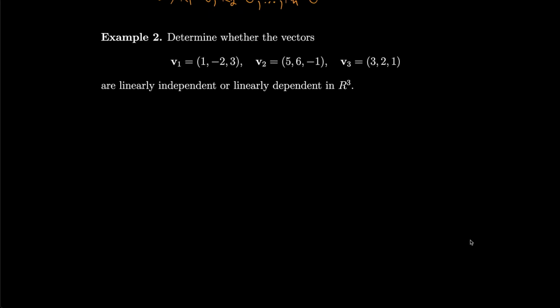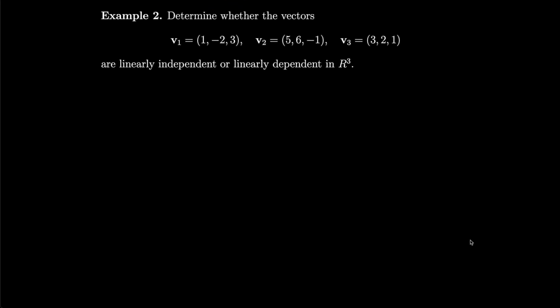How about we next determine whether these vectors over here are linearly independent or linearly dependent in R3? So we have some more concrete vectors. Well, we have to look at k1 times v1 plus k2 times v2 plus k3 times v3 equals 0, and we have to check whether k1, k2, and k3 are all 0.